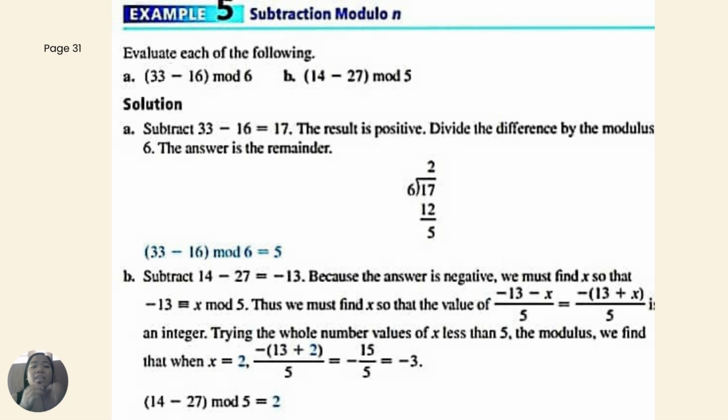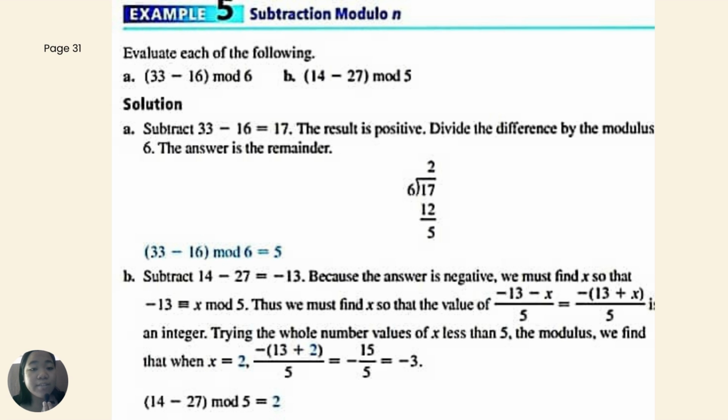Dali naman ta. Tapos na sa addition sa modular arithmetic, now we will proceed sa subtraction sa modular arithmetic. Ari, let us evaluate these two equations. So we have letter A, 33 minus 16 mod 6. Ari ang muna siya, no?